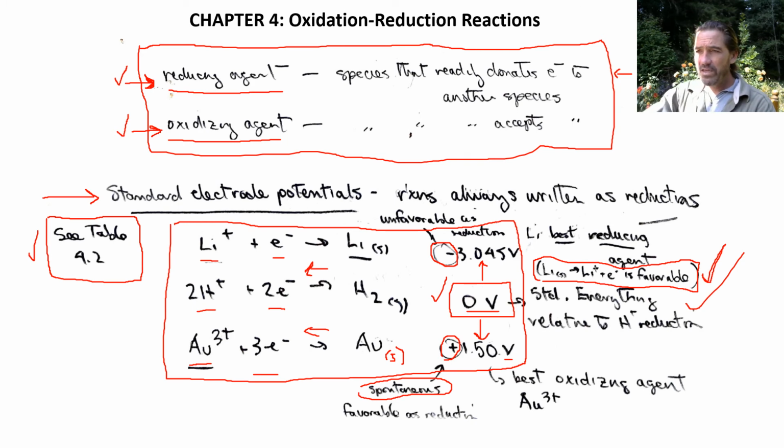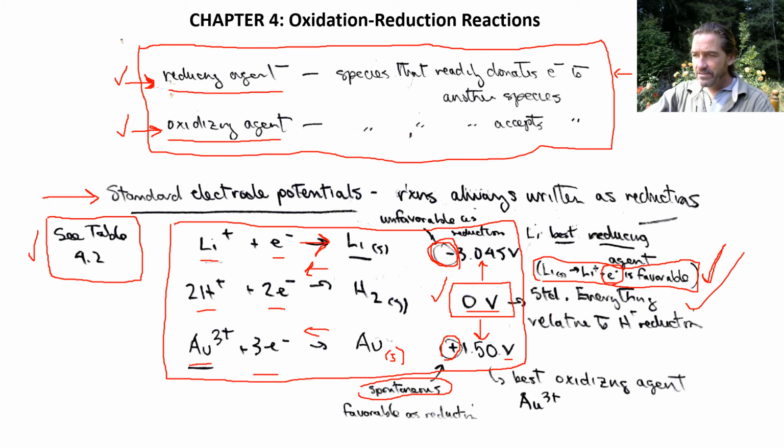The last point here is when we look at these values in the tables and we see something negative, it does not want to become reduced, because again, everything written in the tables is as a reduction. It does not want to become reduced, but that means it does want to become oxidized. It does want to give its electrons away.